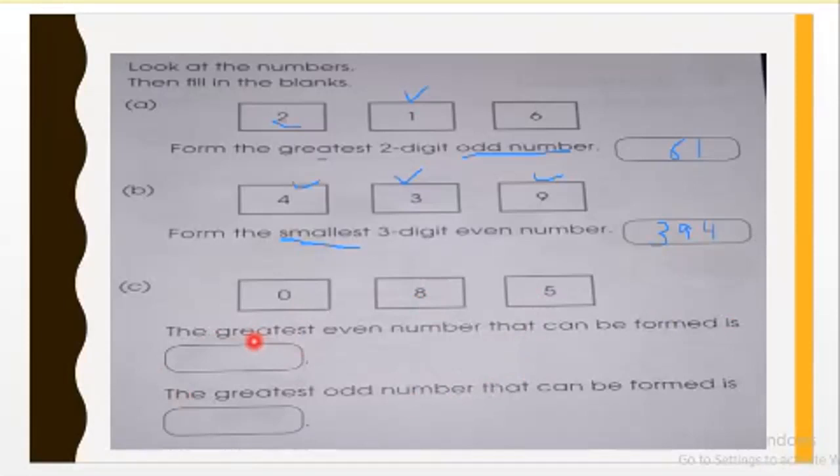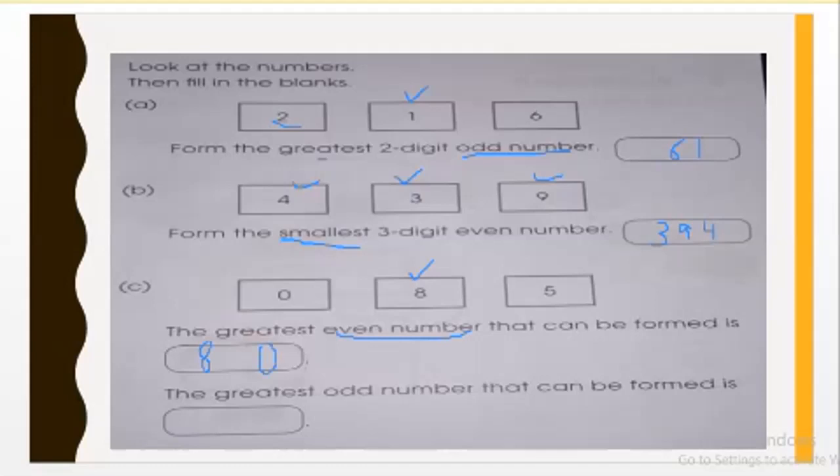As they're talking about the greatest even number, I am going to mention my greater number, that is 5 or 8. That is 8. So I'm going to mention my greater number at the first place, that is 8. And we are going to form the even number, so I am going to mention my even number at the last place, that is 0.